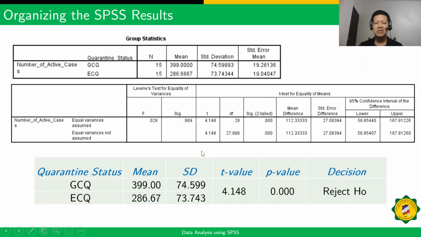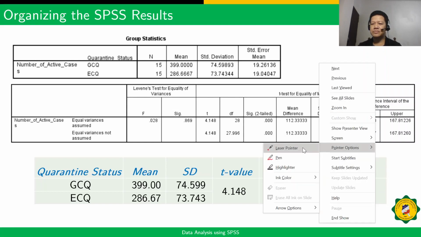So in our manuscript, the table will be like this. There will be a column for the quarantine status, a column for the mean, SD or standard deviation. We have the column for the computed value. We use T here for t-test. We have the probability value P and the decision.